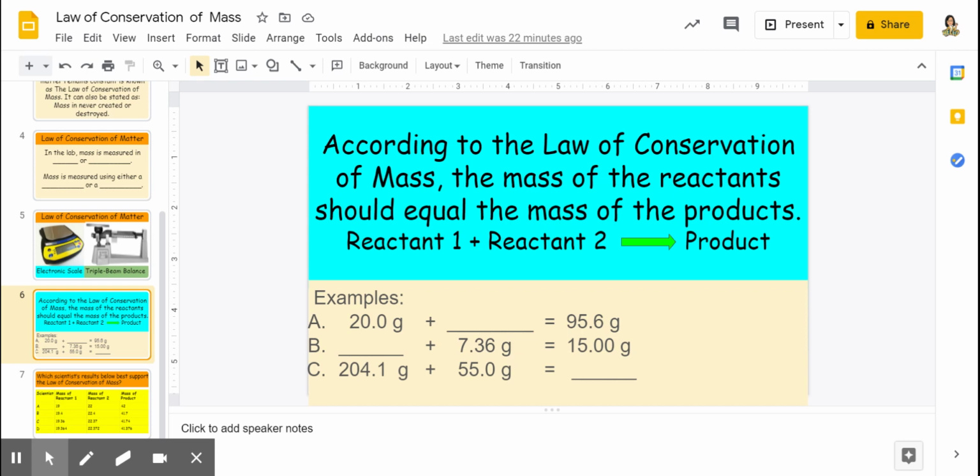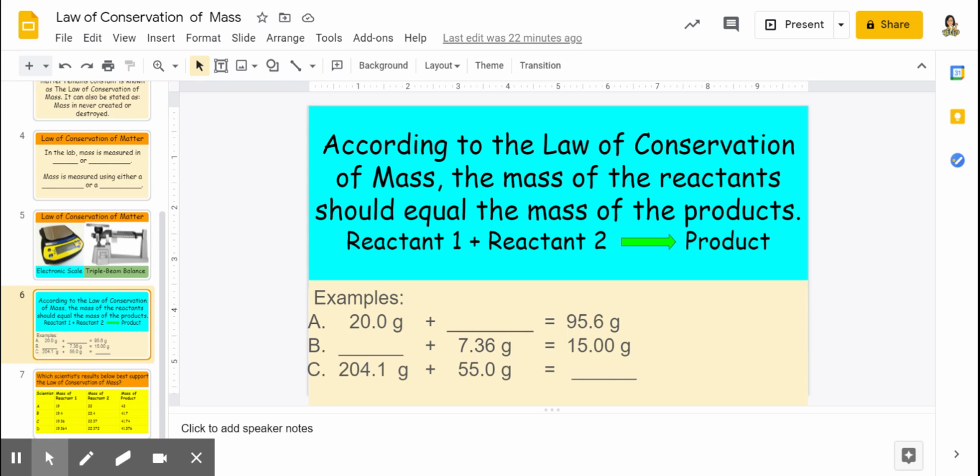No, it can be one reactant and two products because there are different types of reactions: combustion, decomposition, combination, single replacement, and double replacement. You will learn all of those types of reaction, but you don't need to learn them now.